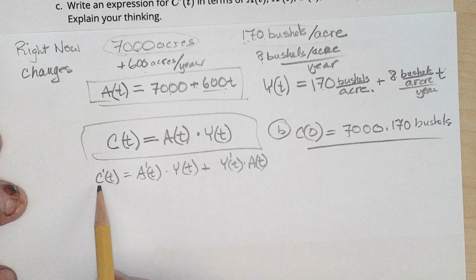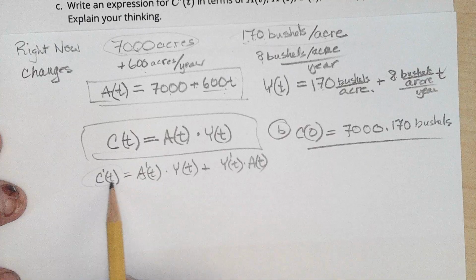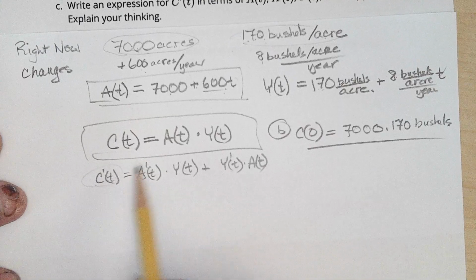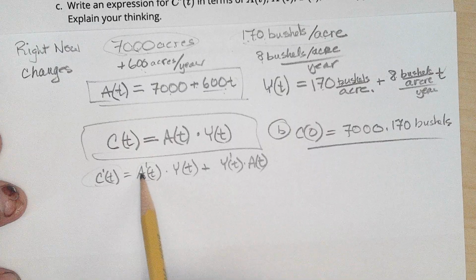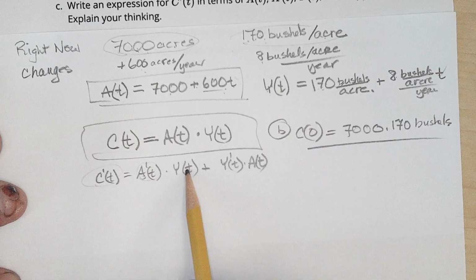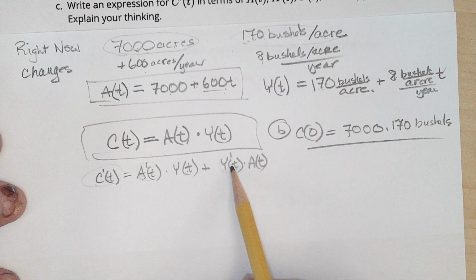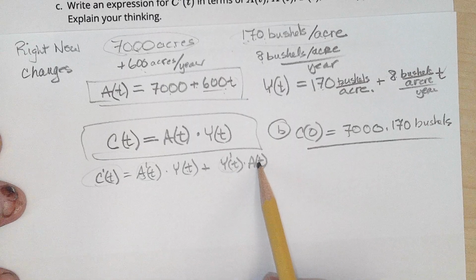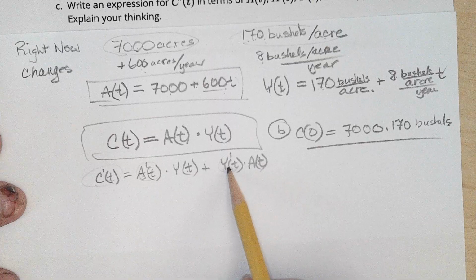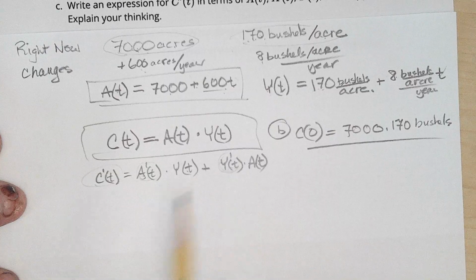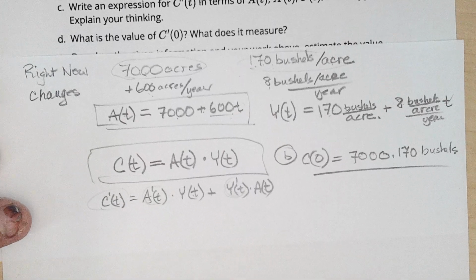And if you want to think of it a different way, the change in the total amount of corn is going to be how many more acres times how much you're getting per acre, plus how much more per acre you're getting times the number of acres. So the rate of production.